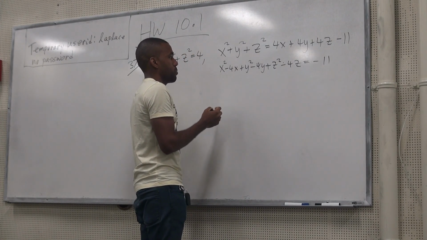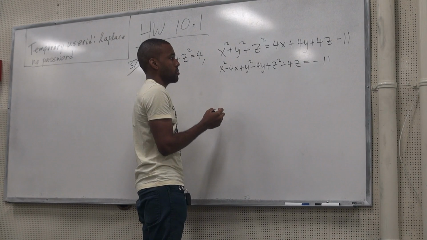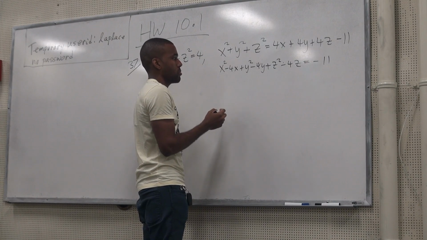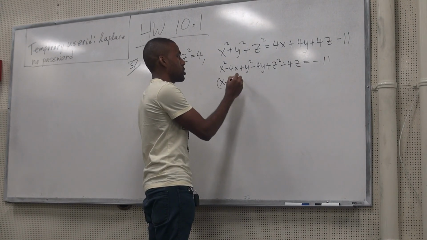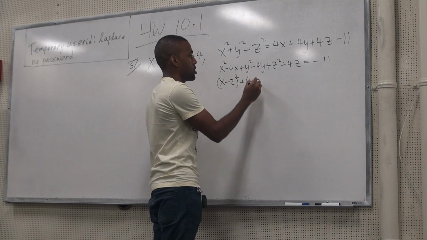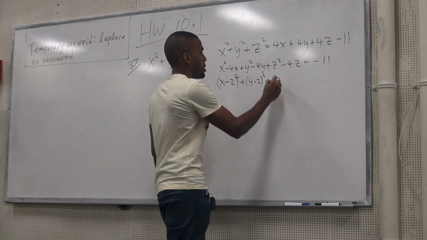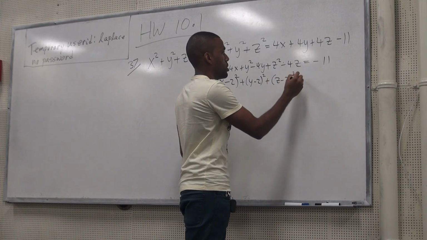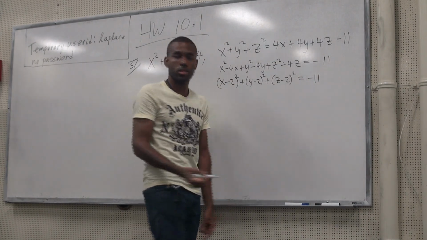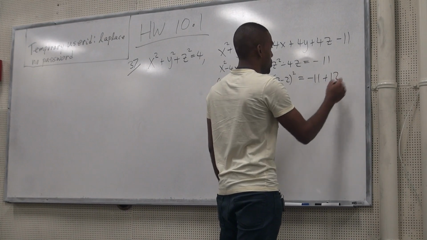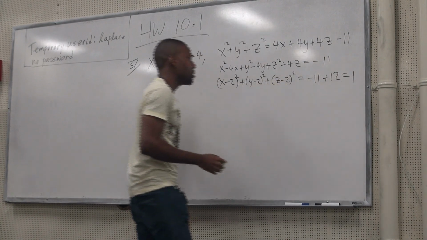So what would we get here? x squared minus 4x plus 4, and they're all the same. So you're going to have (x minus 2) squared plus (y minus 2) squared plus (z minus 2) squared equals, this would be minus 11, but you're going to add 4 three times, right? So this is plus 12, which is 1.